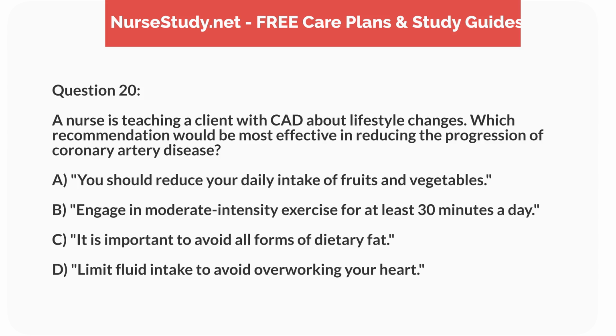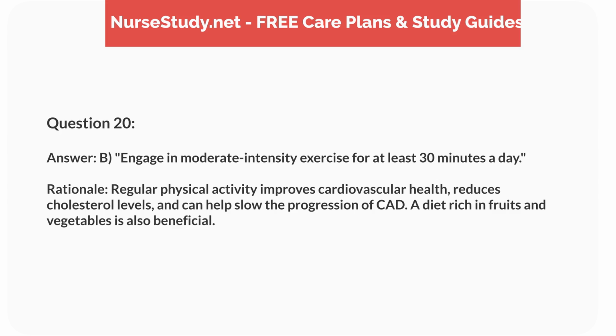D. Limit fluid intake to avoid overworking your heart. Answer, B. Engage in moderate intensity exercise for at least 30 minutes a day. Rationale: regular physical activity improves cardiovascular health, reduces cholesterol levels, and can help slow the progression of CAD. A diet rich in fruits and vegetables is also beneficial.